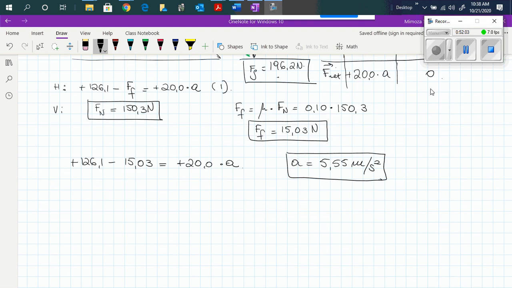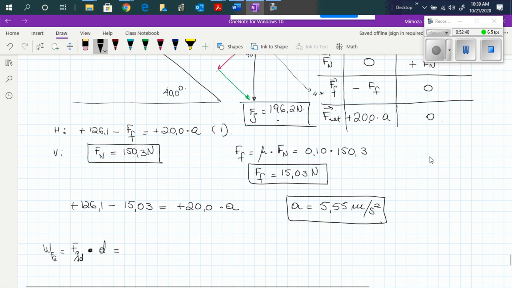Now that we have everything that we need, we can find the work done by force of gravity. It will be the component of force of gravity along the displacement times the displacement. We'll say that displacement is 1 meter, just for simplicity. In the case that they give you the time, then you will use kinematics equation to find the displacement. But in this case, I'm just giving it because we did a similar question finding the displacement using kinematics equation.